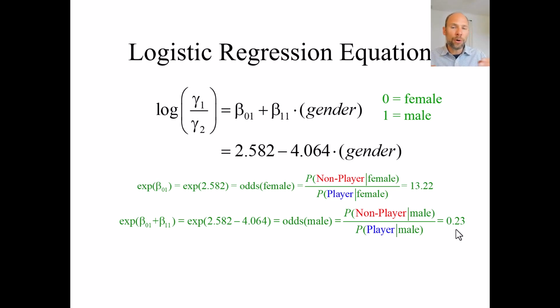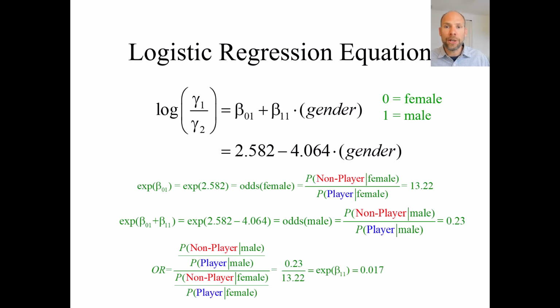So that already shows us that there is a gender difference in the direction that females tend to be non-players, males tend to be players in this example here. So what makes this even clearer is the so-called odds ratio, which can now also be computed based on the odds for the two gender groups that we just looked at.